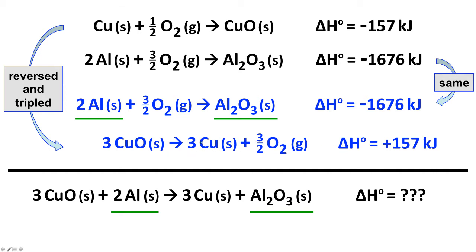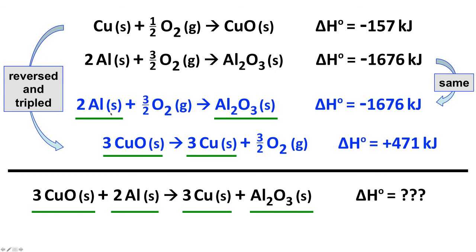But of course, if we triple the reaction, we have to triple the delta H value. So instead of 157 kilojoules, it's 3 times that, 471 kilojoules. And now notice the copper oxide, 3 of them as a reactant, just what we want. 3 coppers as a product, just what we want.